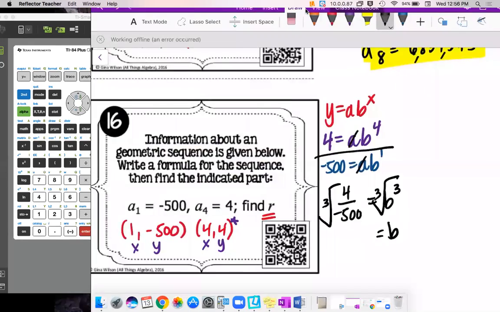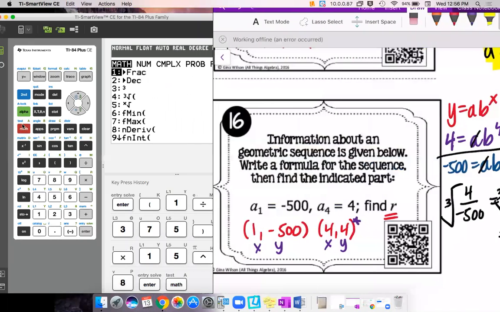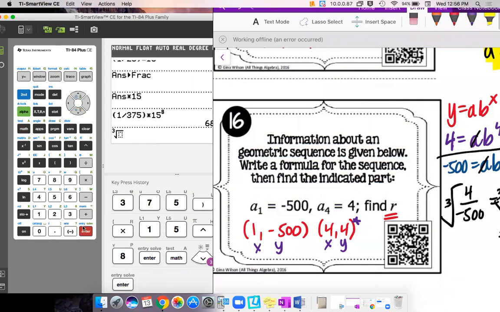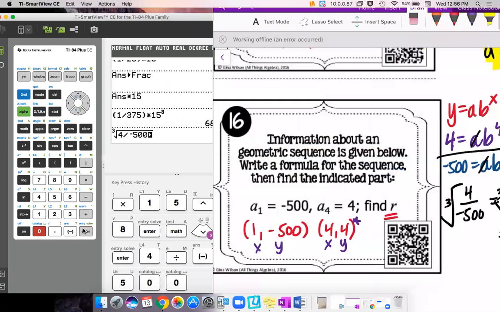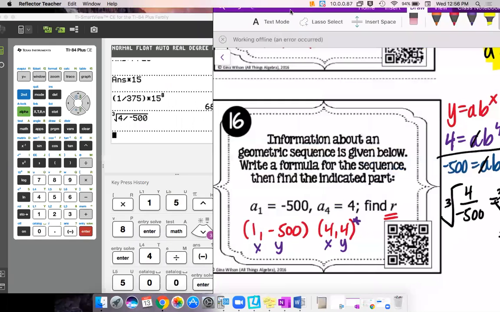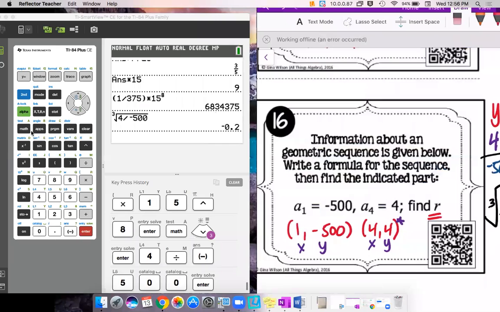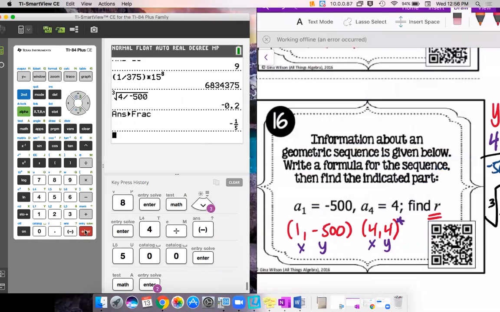So then we just go over to our calculator and we do math, cube root, so number 4, of 4 divided by negative 500. And we get negative 0.02, which is negative 1/5. So they tell us our r value for this one is negative 1/5.